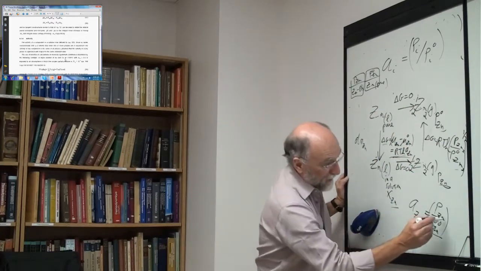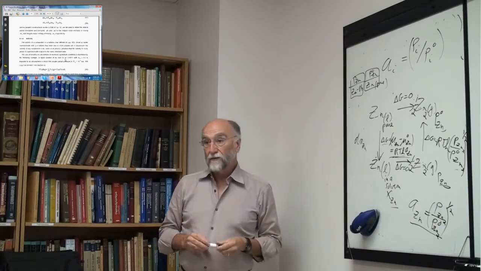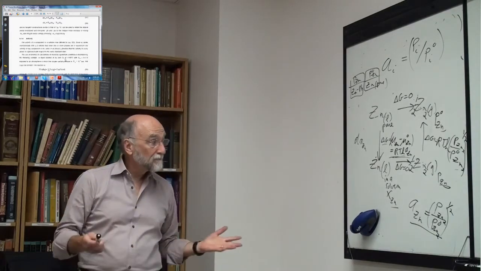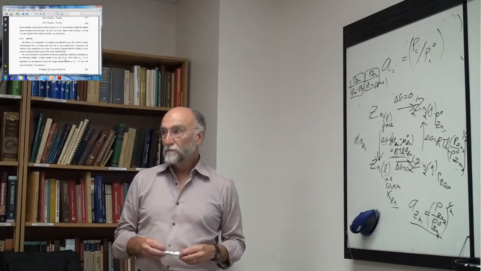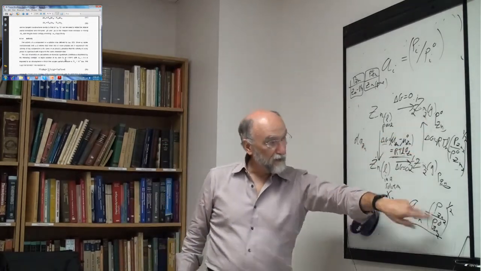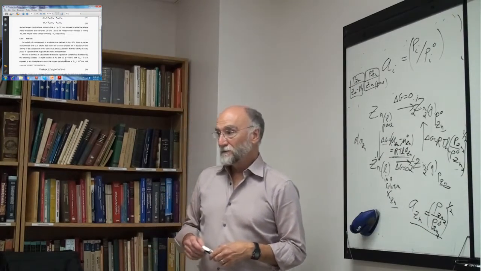So the activity would be the ratio of the partial pressures of Zn2 to the 1/2. If it was triatomic, Zn3, it would be P of Zn over P0 to the 1/3, and so on. Right?